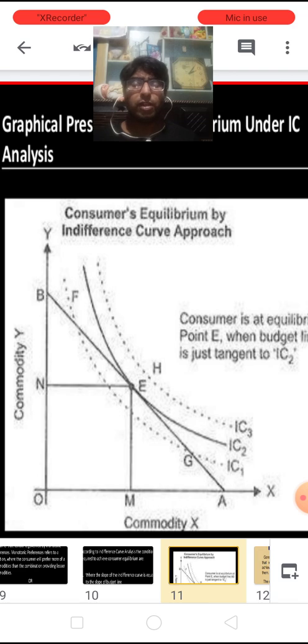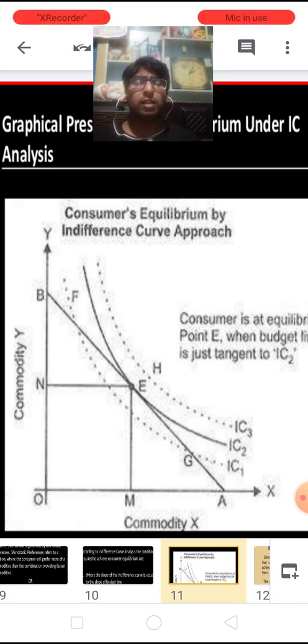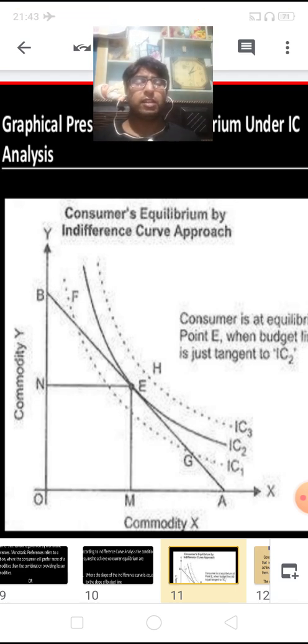Now just see the point E. This is a point which lies on a higher indifference curve, I mean it lies on IC2, and according to the properties of indifference curve, a higher indifference curve gives a higher level of satisfaction. So the satisfaction a consumer is getting at point E is more than the satisfaction at point F and at point G.